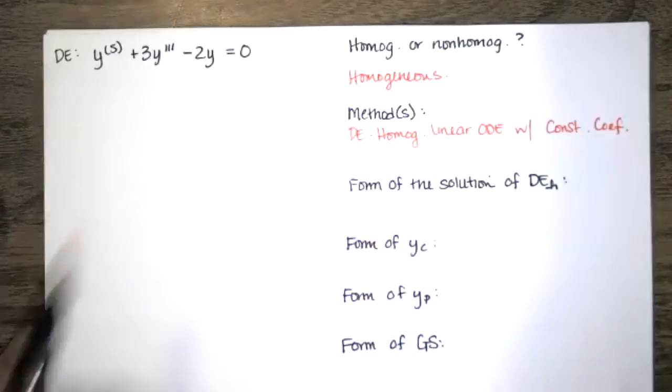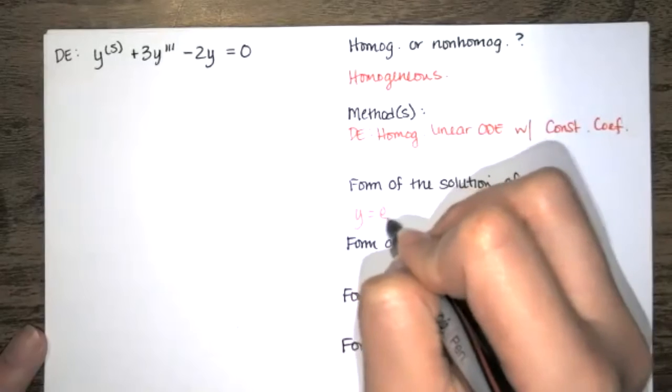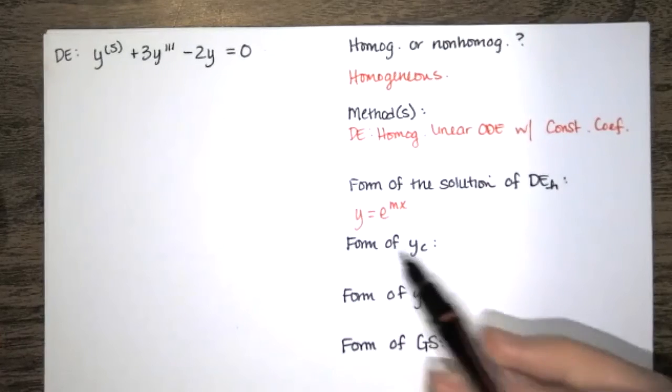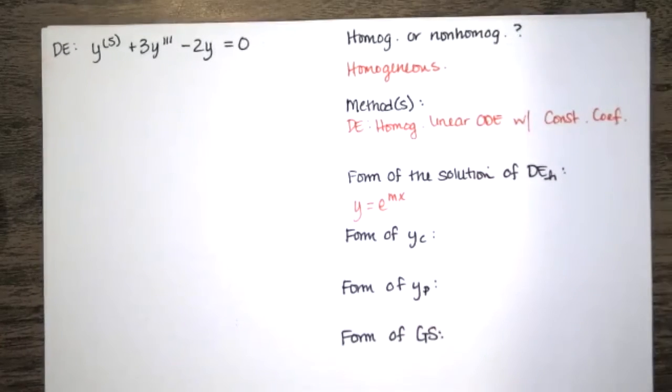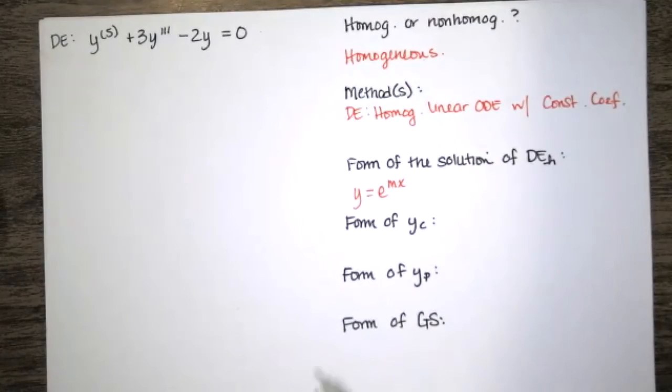The form of the solution of this is y equals e to the mx, if we're assuming that that independent variable is x. And it's really not appropriate to talk about the form of the solution y sub c or y sub p because it's a homogeneous equation. But I notice that it's a 5th order differential equation.